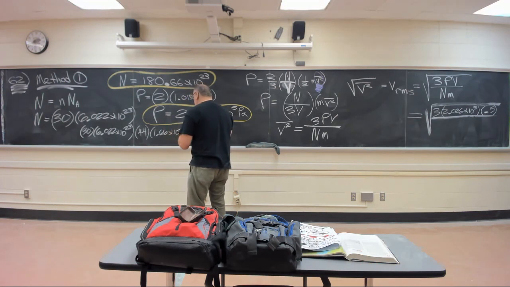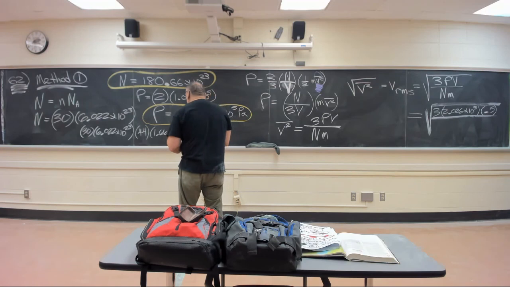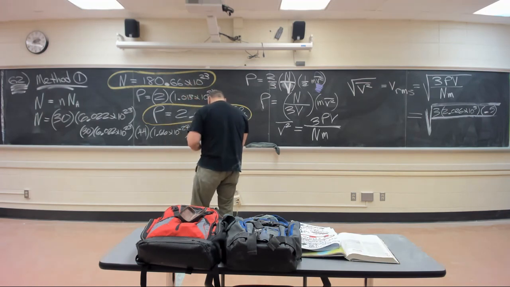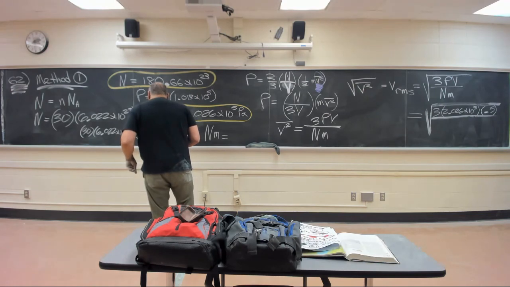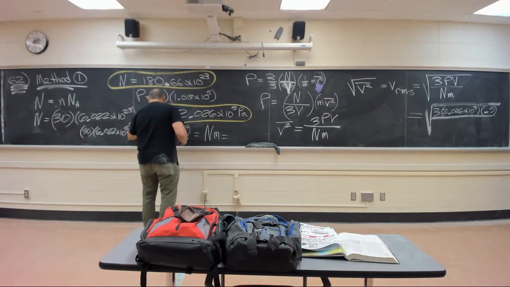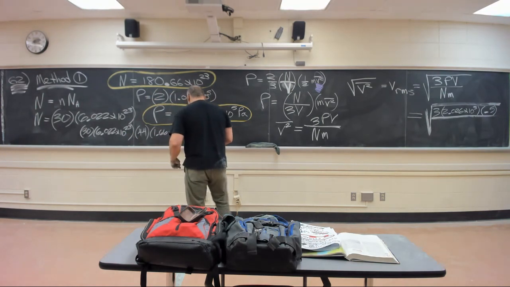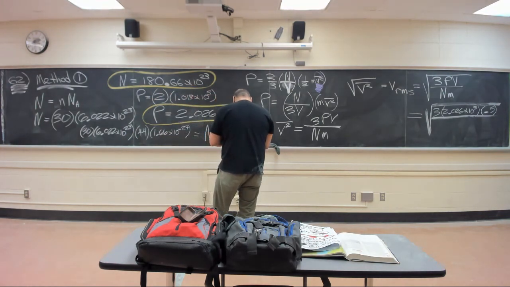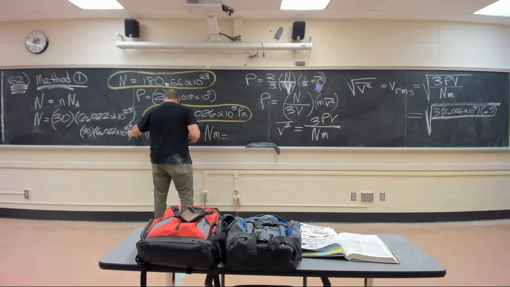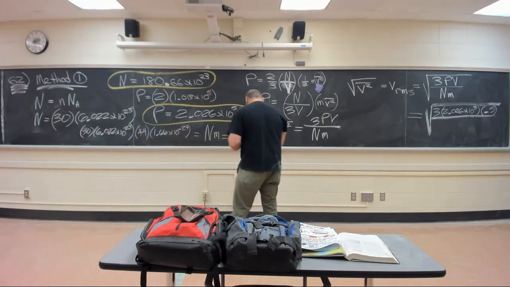So 30 times 6.022 is the 180.66 we talked about. Times 44, times 1.66. 10 to the 23rd times 10 to the negative 27 is 10 to the negative 4.